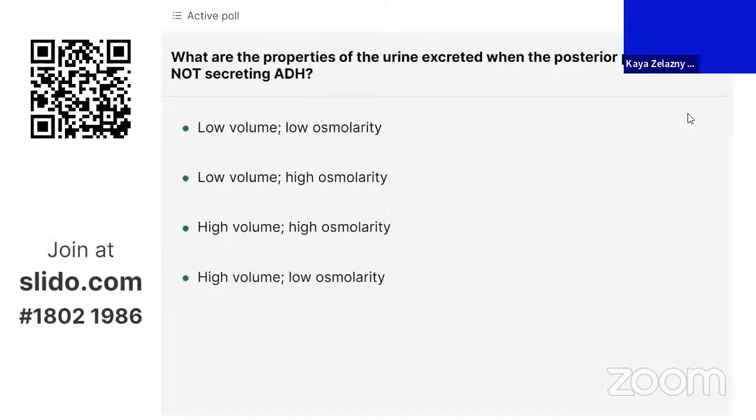This is an important job of the kidneys, is maintaining our blood volume and therefore also our blood pressure in terms of our long-term regulation.